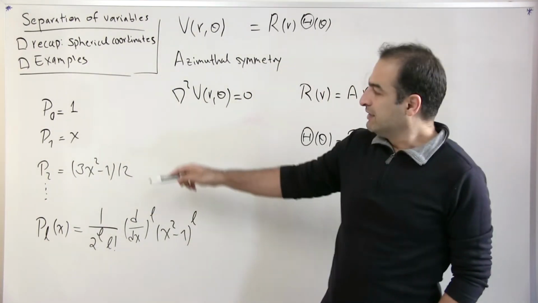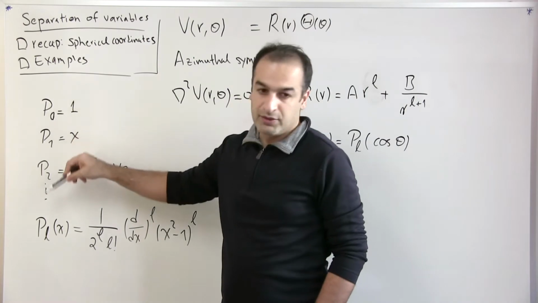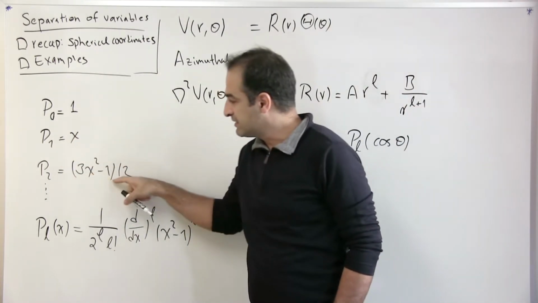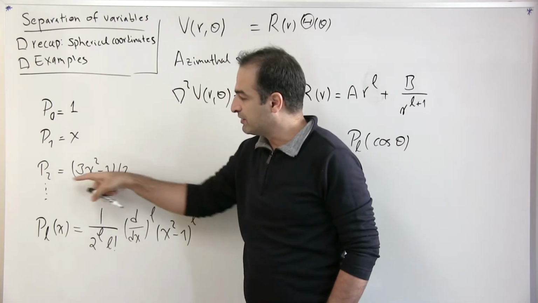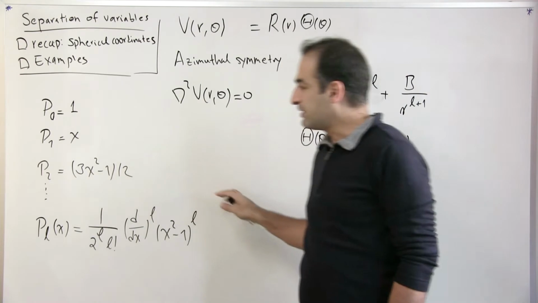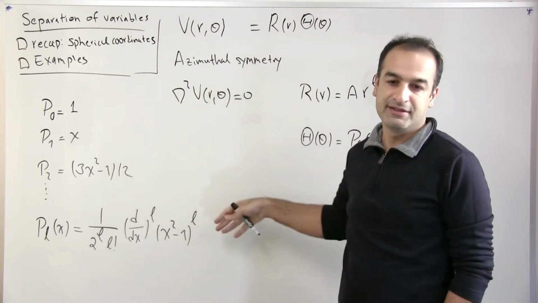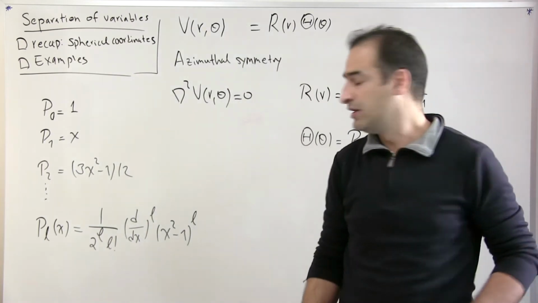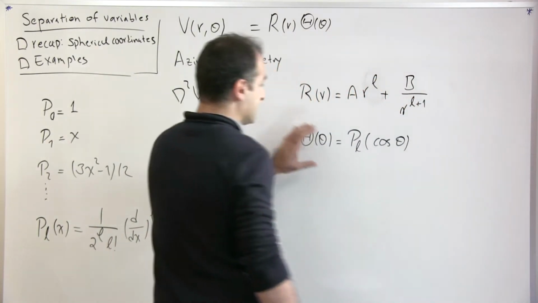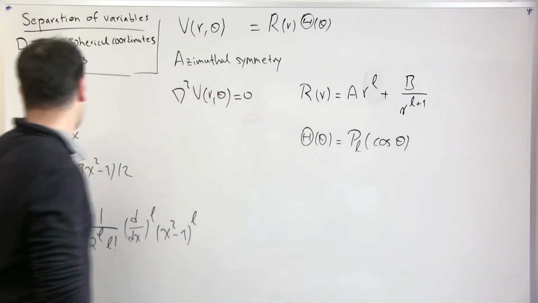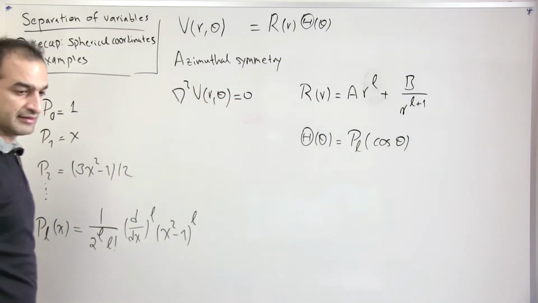Depending on what the order is, you have one polynomial function, and that's exactly the order of the Legendre polynomial. This looks a little complicated, but if you really calculate this, you are not getting anything more complicated than just polynomials. So the theta component is the Legendre polynomial in the variable of cosine theta. For all x here, you can put cosine theta.